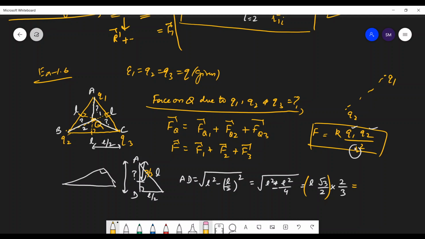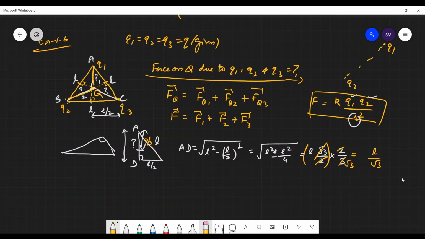This is what I was searching for, this R, this distance. Not so much physics, but a little bit of geometry here. The 2 will cancel out, and I will get 3 upon root 3, or if I cancel it out, I will get root 3 here. So this distance is L by root 3. Now this question is pretty simple.